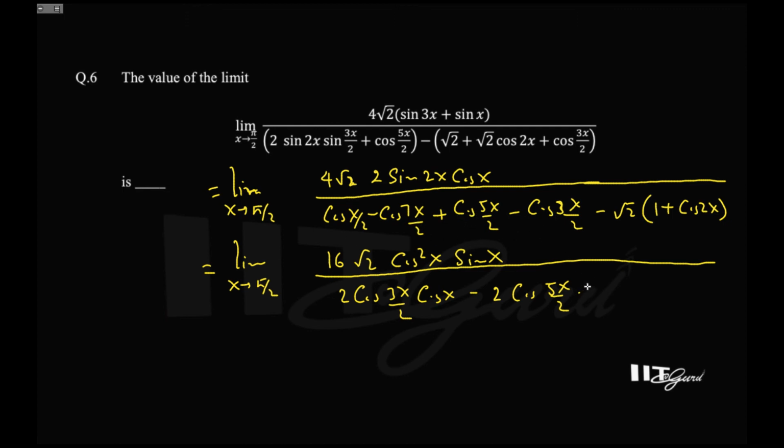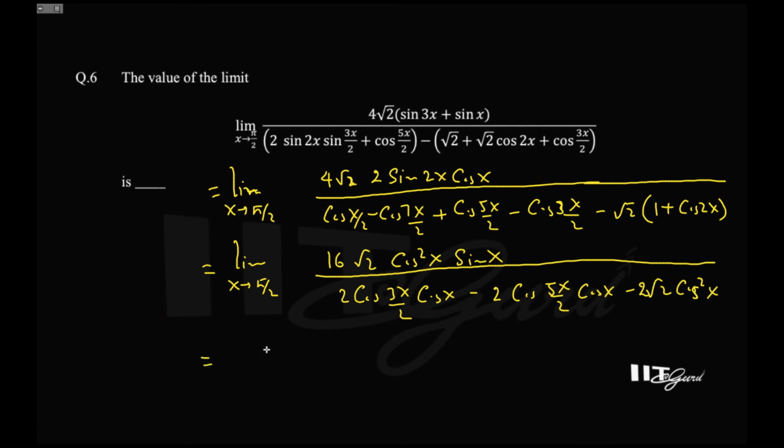Then cos 5x by 2, and then minus cos x, and finally we get minus root 2, and here also that is 2, so we can say 2 cos square, the half argument formula we are applying here, 2 cos square x.